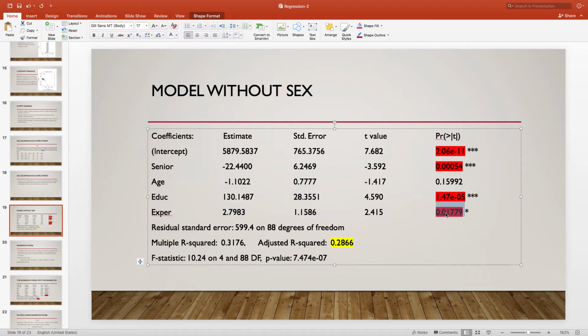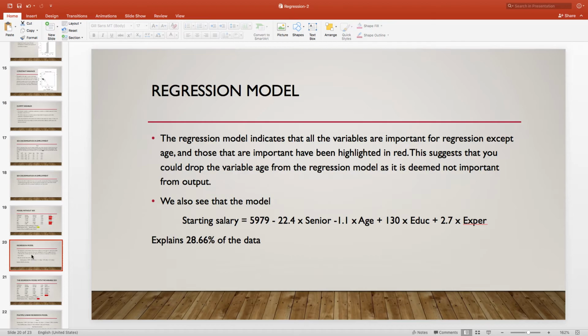And that's statistically significant, meaning that this variable could not be 0. It should definitely be included in the regression. Now this provides an adjusted R-squared of 28.6%, meaning on the conservative end that this model explains 28% of the data. Now let's consider this model.